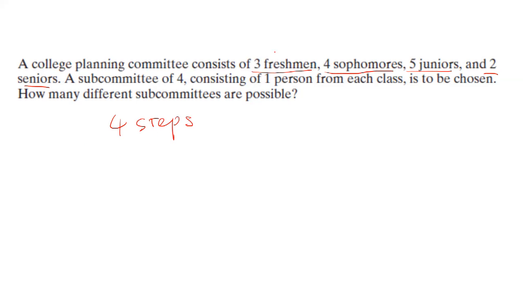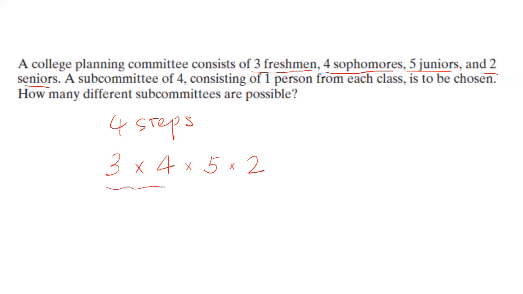And the first step, how many different ways can you finish the first step? You can choose one from 3 different persons, right? So in the first step, we have 3 different ways to finish that. How about the second one? Second one, we can have 4 different ways, right? And for the next step, we have 5 different ways. And for the last step, we have 2 different ways.